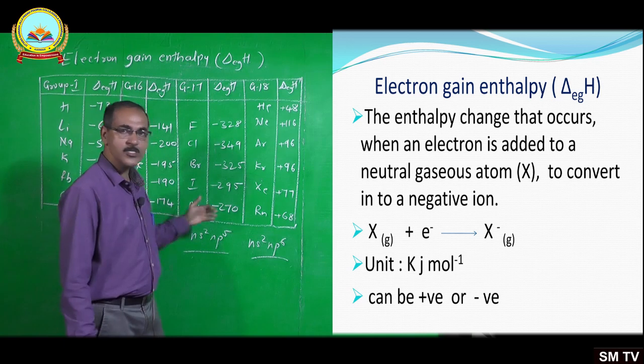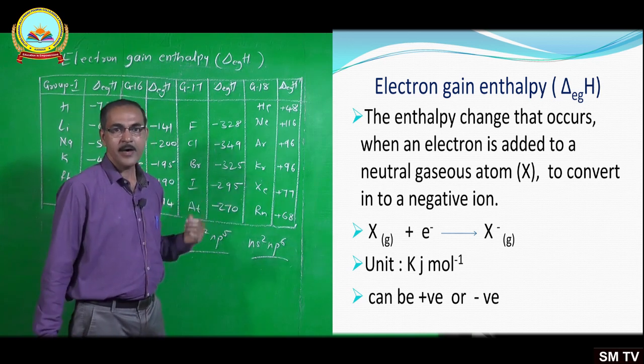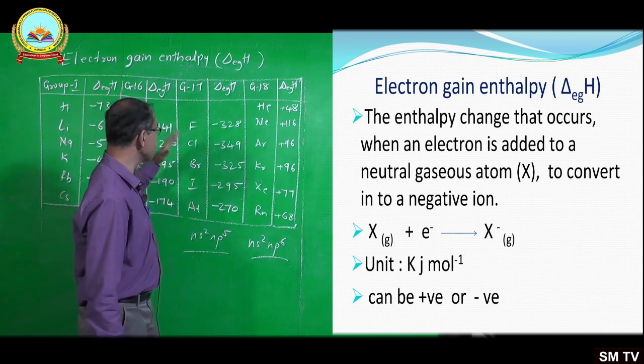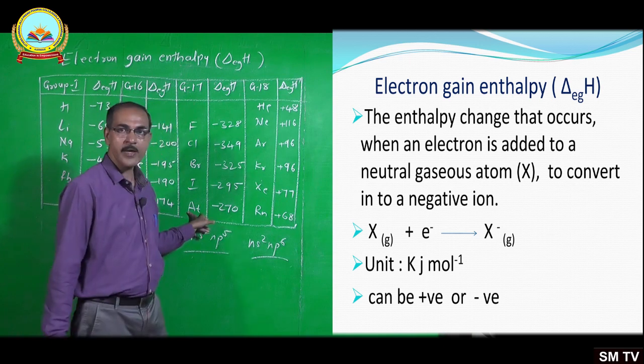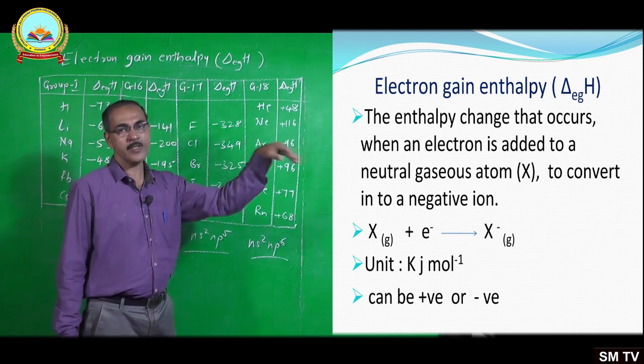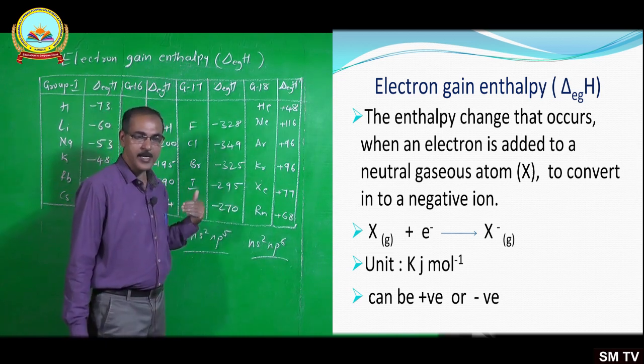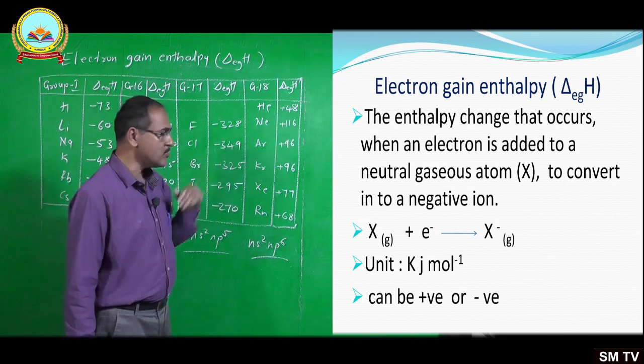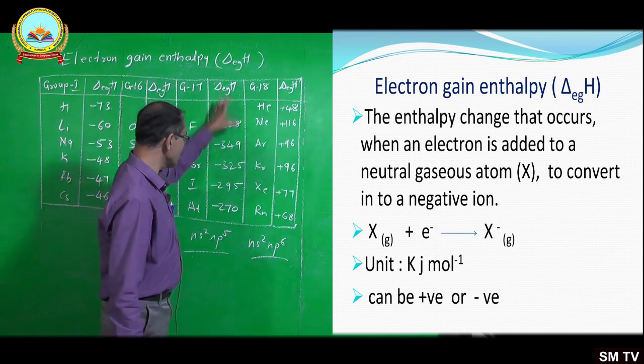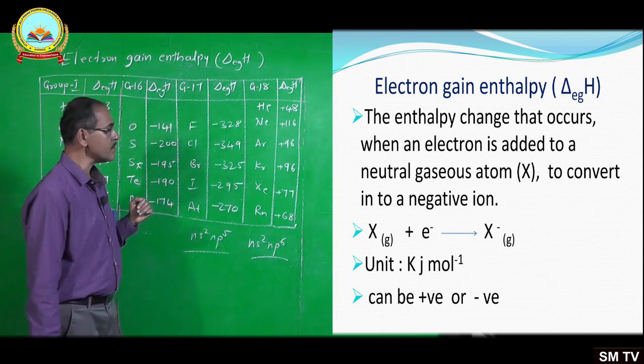Whenever they get the chance, they readily accept electrons. Therefore, these elements have great affinity for electrons, and they release energy when they get the electron.